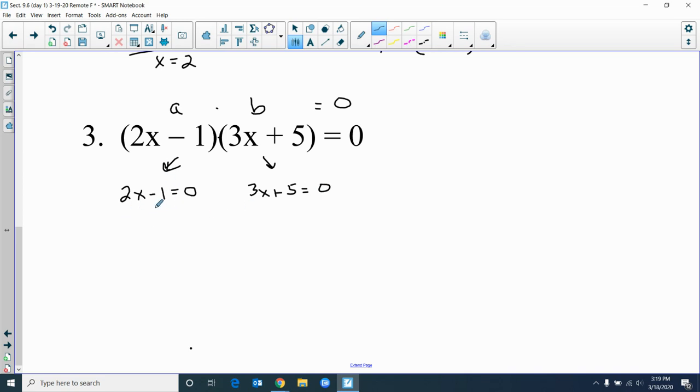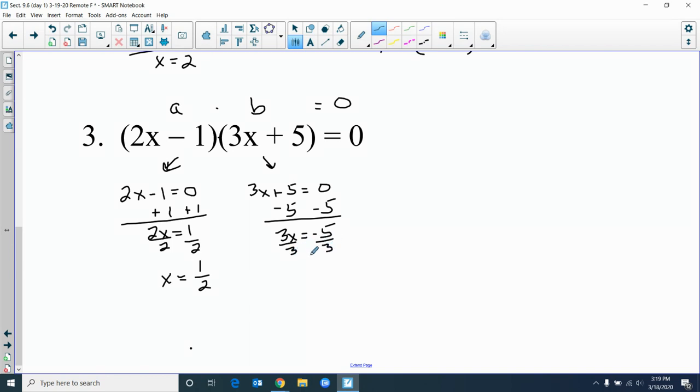All right, now this will require a little bit more work to get x by itself. Add 1. That gives you 2x equals 1, and then we divide by 2. Now on your calculator, that'll give you 0.5, but go ahead and keep it as a fraction. Just keep it as 1/2 is fine. Subtract 5 here. I get 3x equals negative 5.